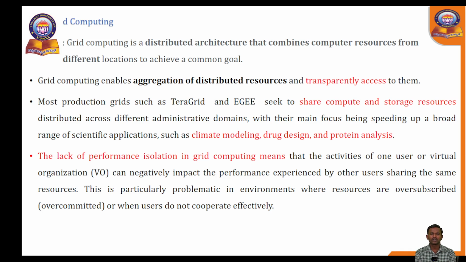The first drawback in grid computing is the lack of performance isolation. The activities of one user or virtual organization will impact the performance of other users sharing the same resources. That is particularly problematic in environments where the resources are oversubscribed or when users do not cooperate efficiently.